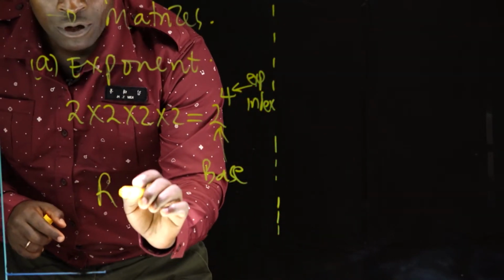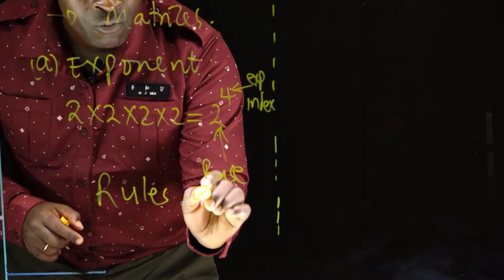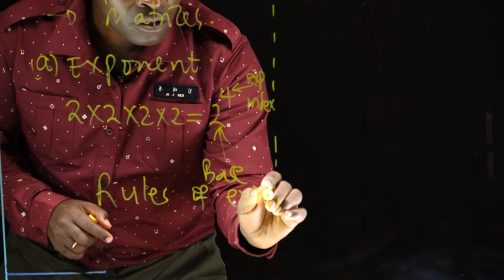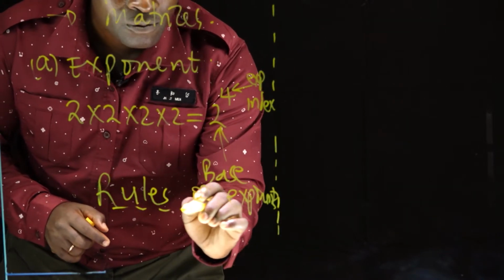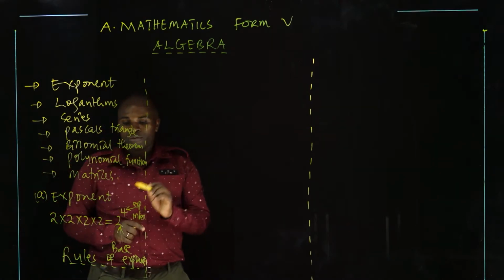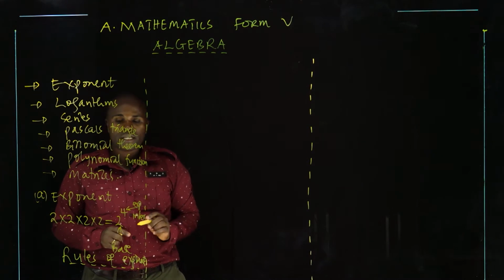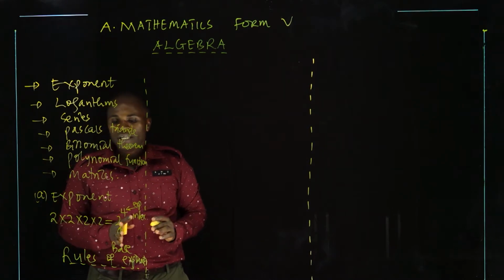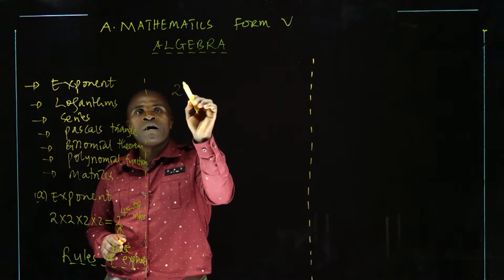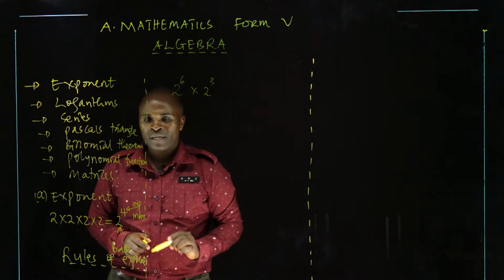So today I'm going to explore a lot. That is the part of rules of exponents. Class, when we were dealing with Form 2, we were given some multiplications of powers in which you were given a number like 2 power 6 times 2 power 3, let's say.